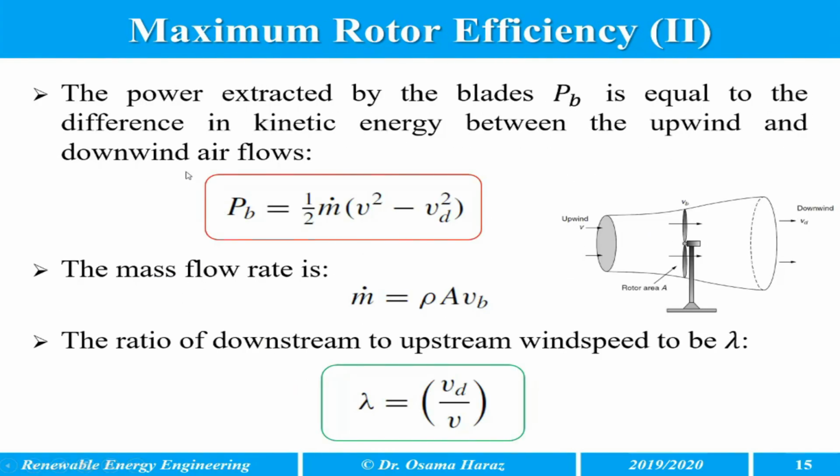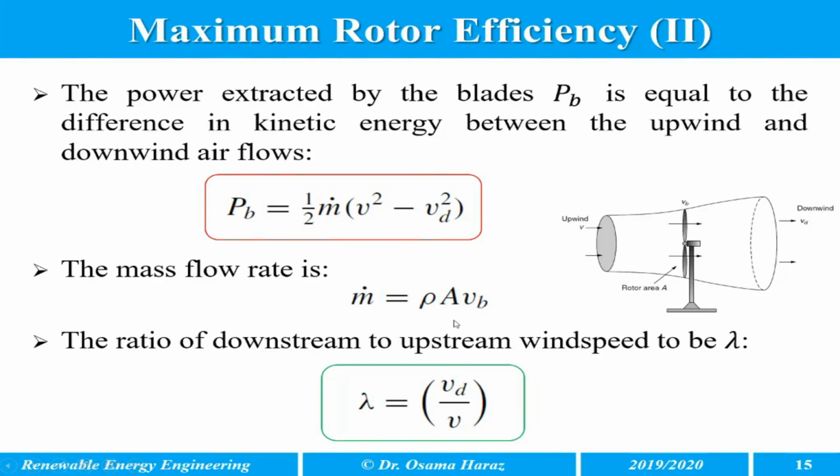So the power extracted by the blades Pb is equal to the difference in kinetic energy between the upwind and downwind airflows. That means Pb equals half m dot, the first derivative of m, times V squared minus Vd squared. m dot here equals the mass flow rate, which is rho A Vb.